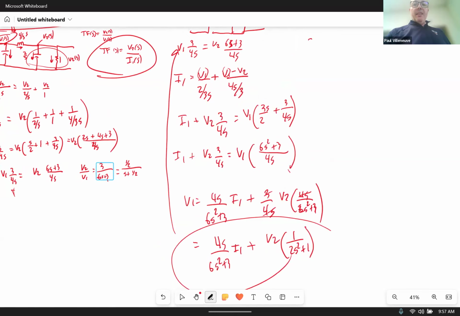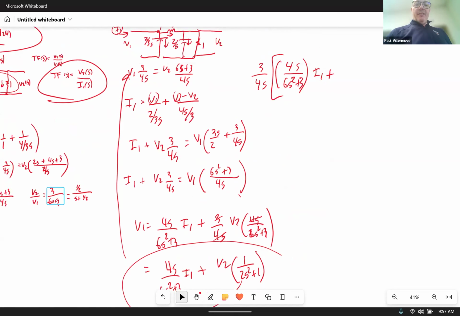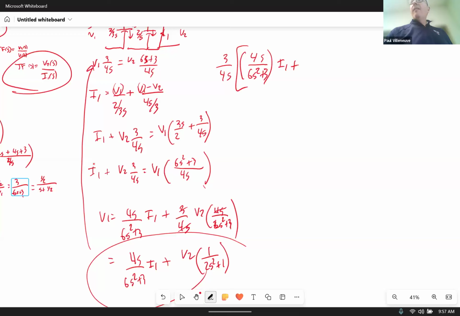So I've got 3 over 4S times 4S plus, and now let me put the bracket here. I'm substituting that for V1. Yep. So you see right here, I'm multiplying it by 3 over 4S.